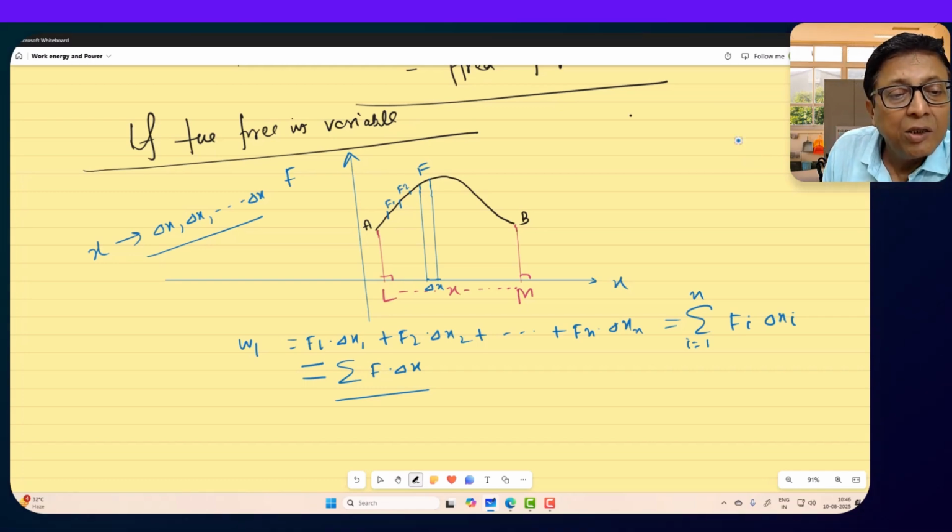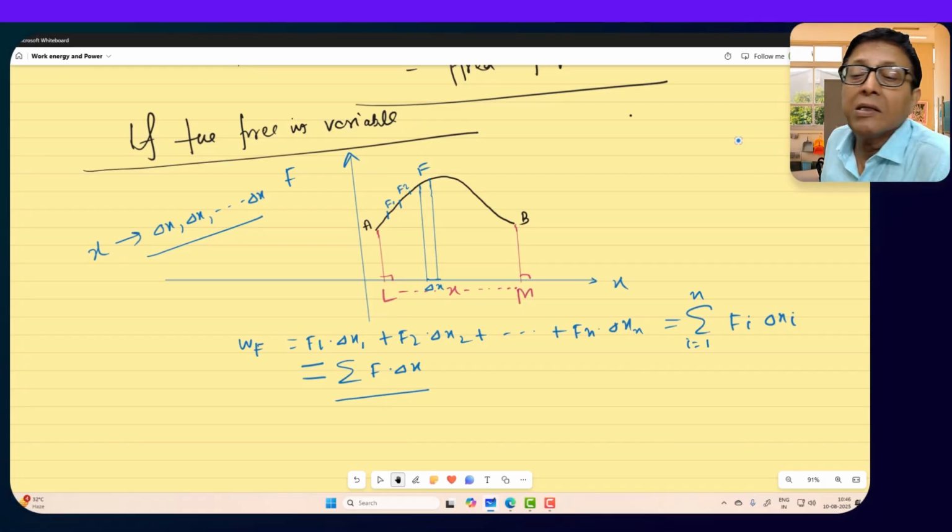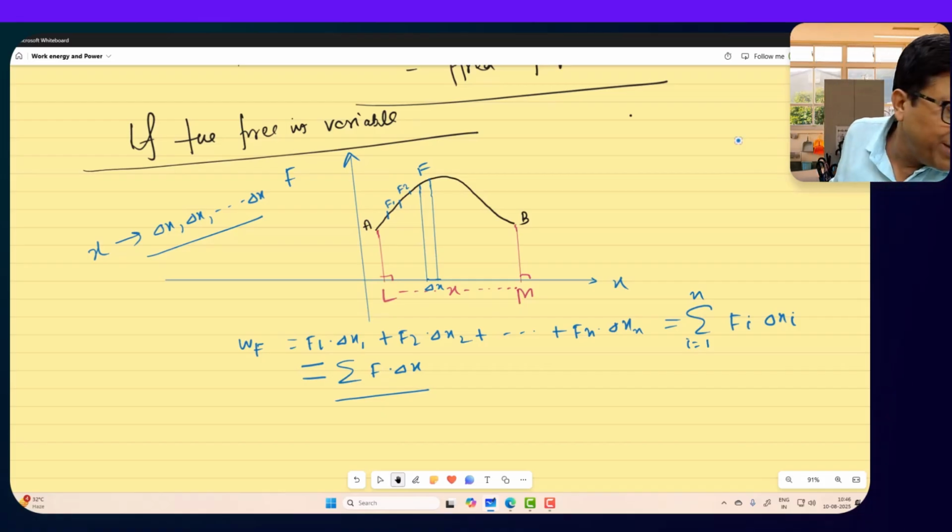This is the work done by the force F, which has values F1, F2, Fn in this way. Maybe external, maybe internal.